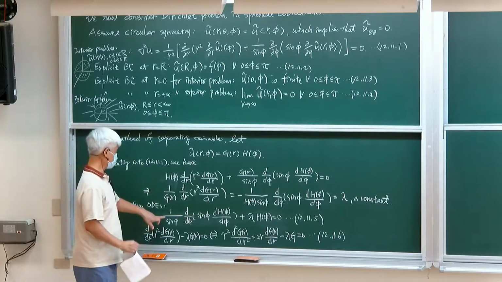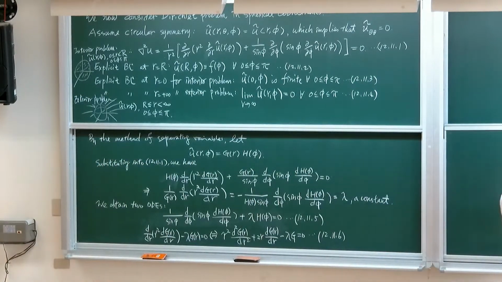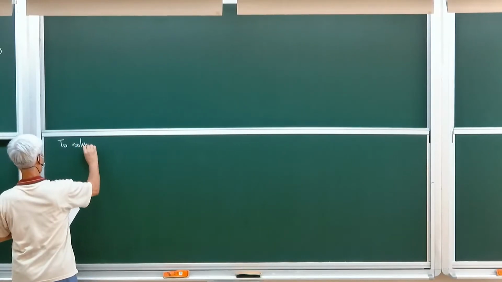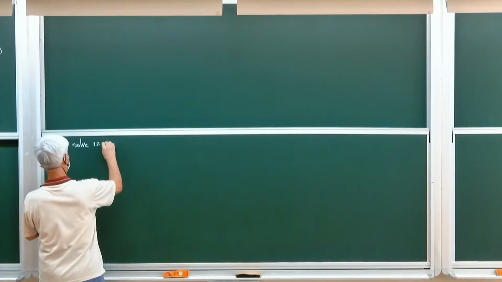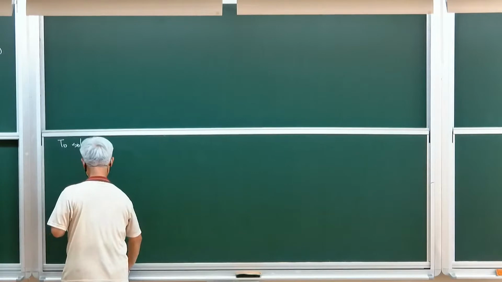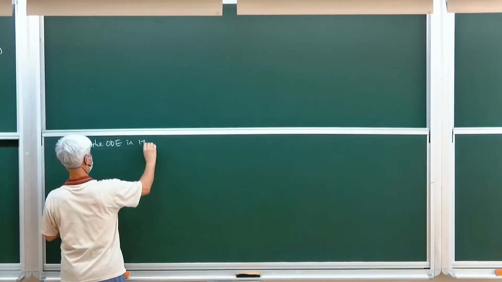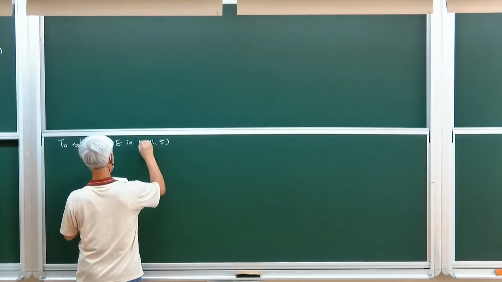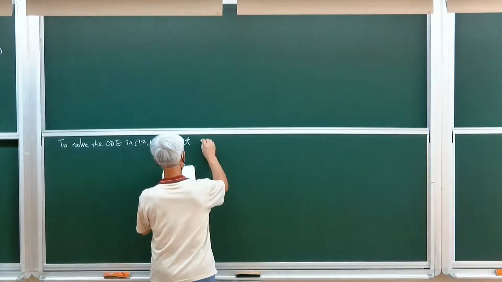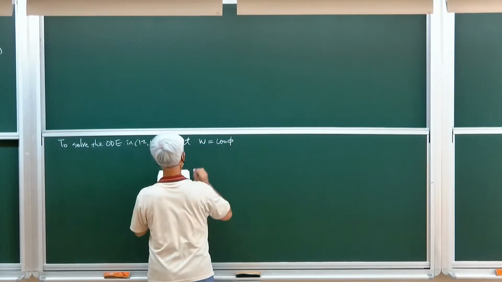Now to solve the first ODE, 12.11.5, we let w be cosine phi.